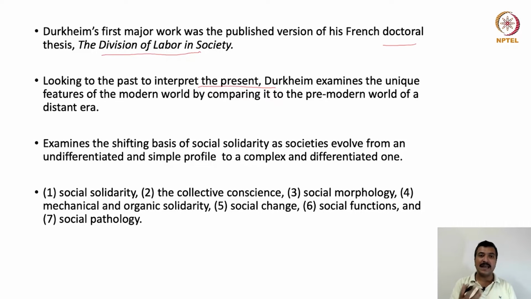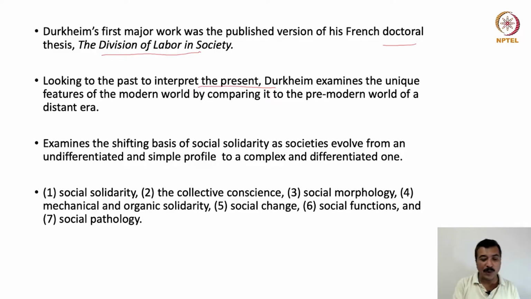On the basis of this social solidarity, he distinguishes between two types of society. One is the modern society as it was existing during Durkheim's time, a modern European industrialized society, and the other one is the more primitive, the older forms of society. He wanted to compare or contrast these two types of societies and then try to understand what are the fundamental differences between them.